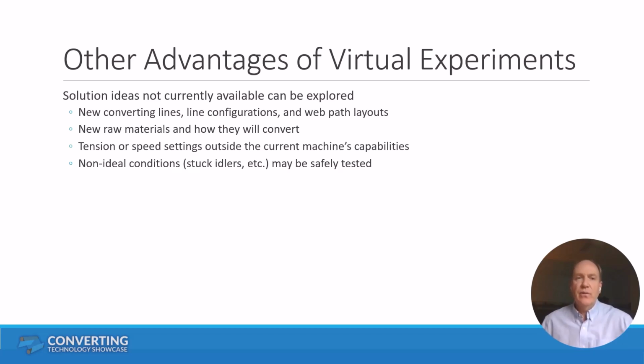You can test new converting lines, web paths, new materials with different properties, tension or speed set points that are outside the current capabilities, and you can test some non-ideal conditions, say a stuck idler or a dancer that is not controlled properly. All these things can be done and explored virtually first.